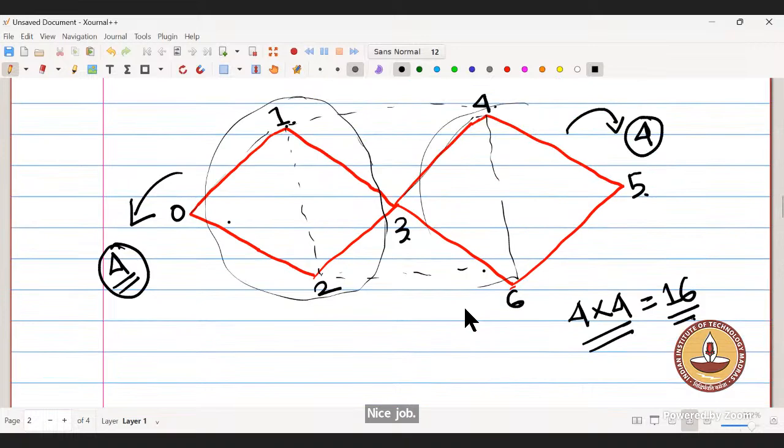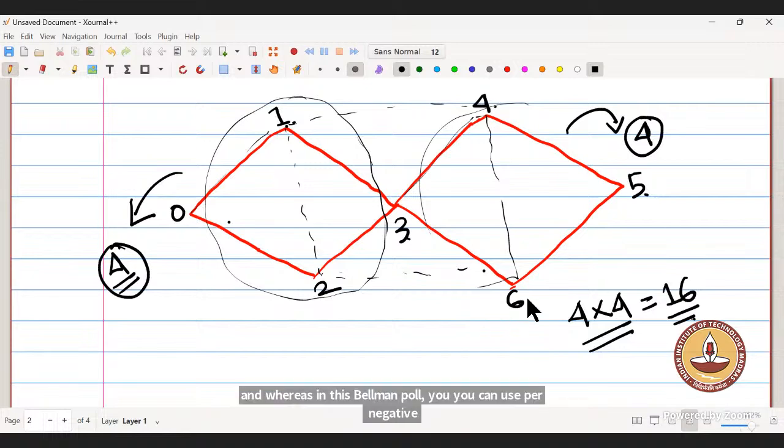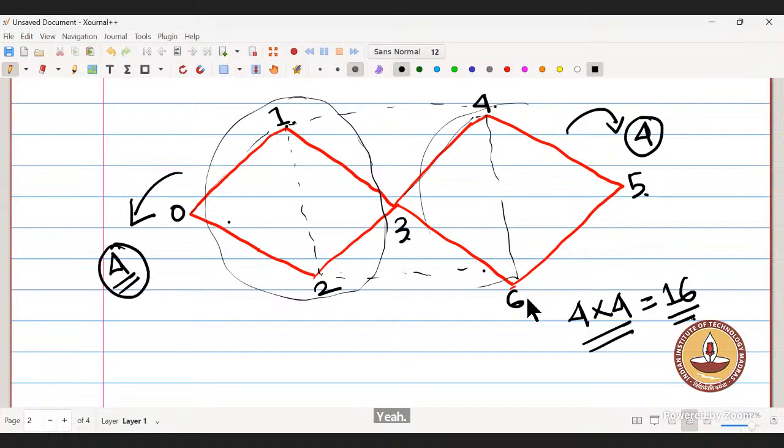So Dijkstra's algorithm you can't use for negative weights, whereas Bellman-Ford you can use for negative weights. So there are some advantages in terms of this. But I don't see much difference between Kruskal's algorithm and Prim's algorithm.